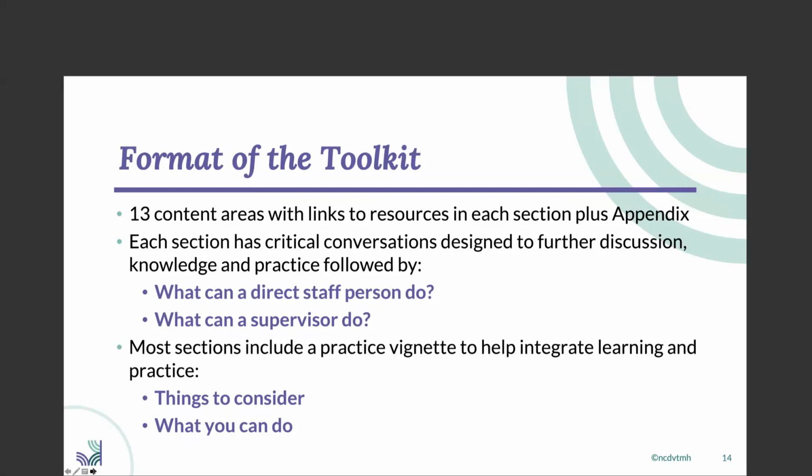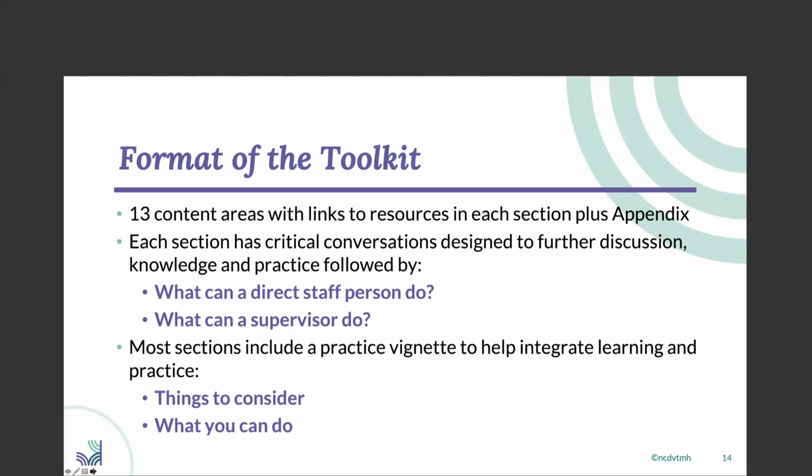Let's see, what else did I want to say? Clicking on links to resources in each of the sections. You're going to see lots of URL links outside of the toolkit to give you more knowledge, to expand things if you're interested in a particular topic.